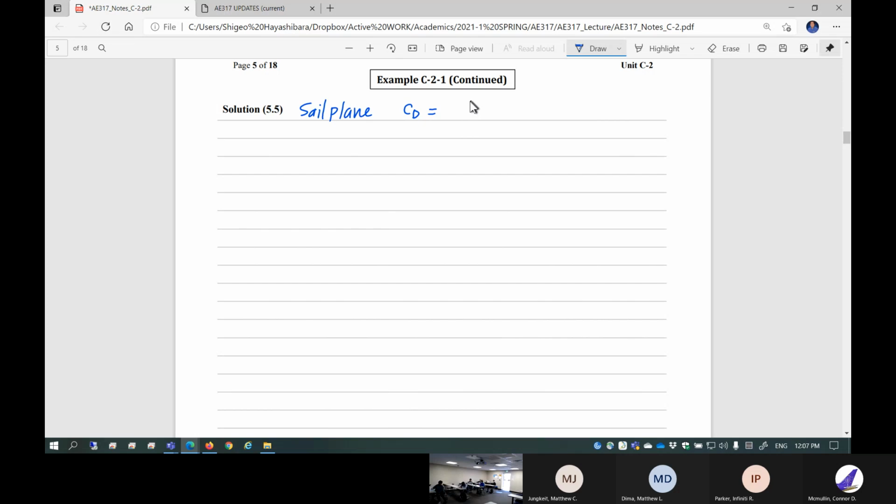CD is equal to CD0 parasite plus induced drag K CL squared, which is given as an equation, 0.01 plus 0.02 CL squared. So this is given here. So number one, maximum glide ratio.